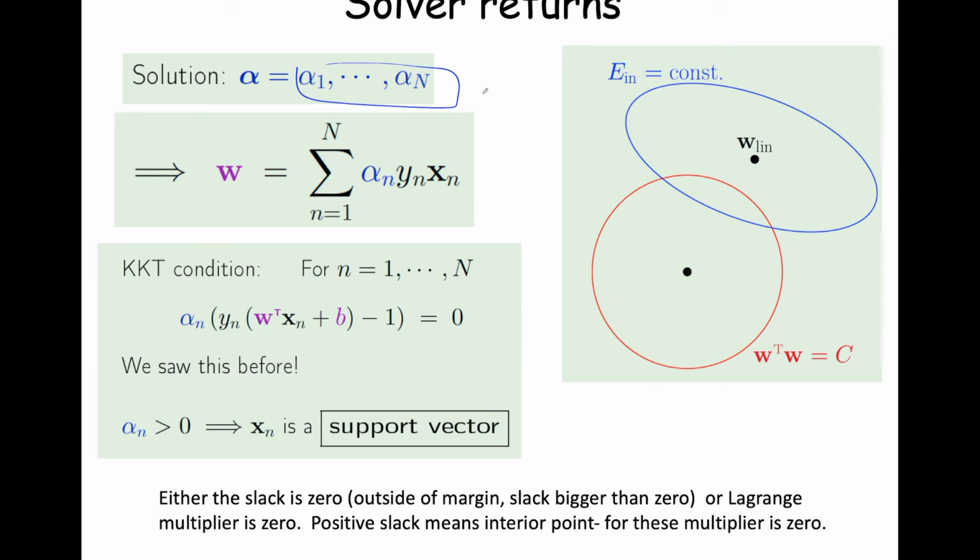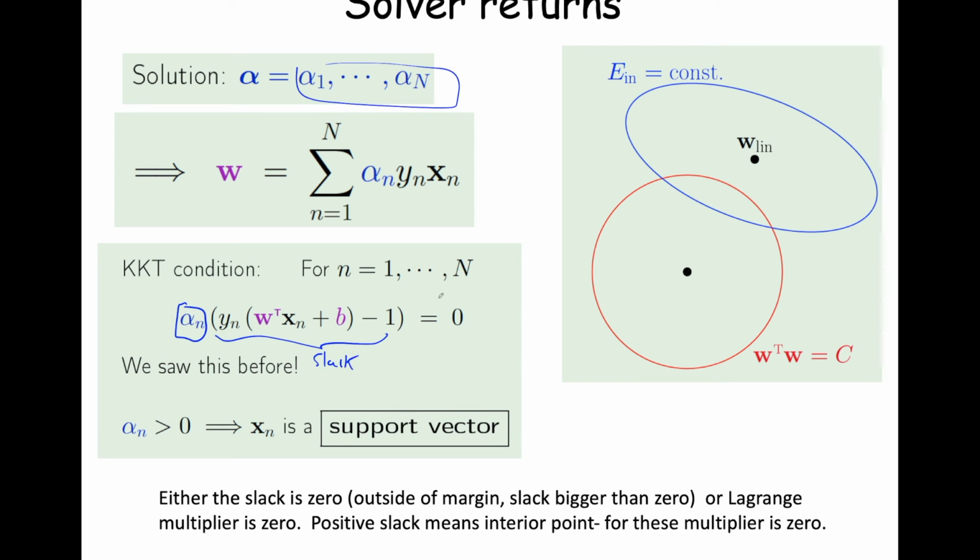And from that solution, we can go back to our result from solving the primal formulation and actually construct what our weight vector w is. Our weight vector w is just going to be the sum, given all these alphas, of alpha n, yn, xn. Now, of course, we know that when we formed our equality version of our inequality constraint, we had our Lagrange variable alpha times what we call the Lagrangian slack.